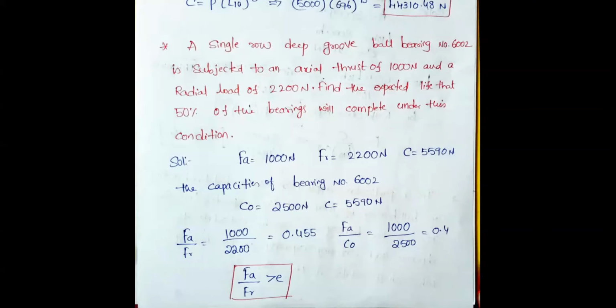Based on bearing number 6002, please refer to your data book, whether it is R S Khurmi or Bhandari or whatever textbook. From the design data book, I took the values of C naught and C. C naught is 2500 newtons and C is 5590 newtons. Your values may vary slightly from textbook to textbook.